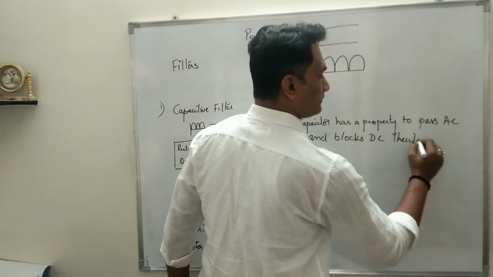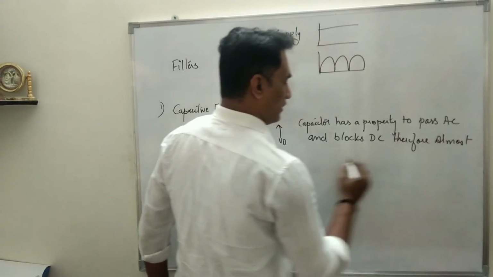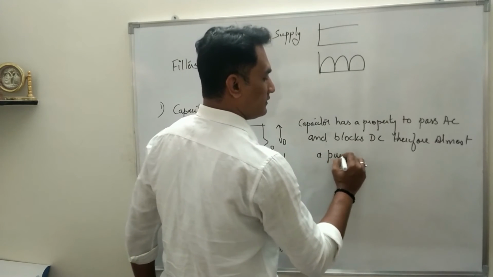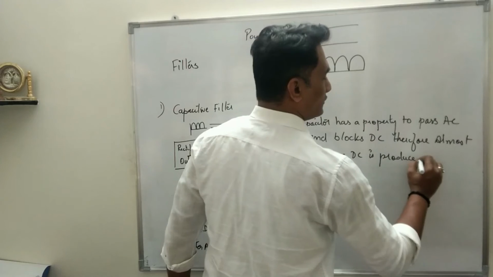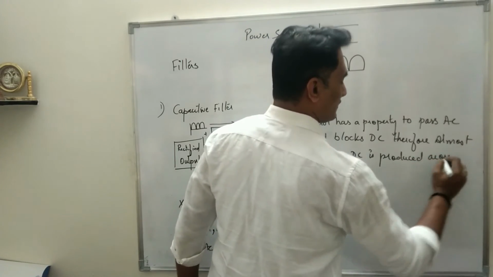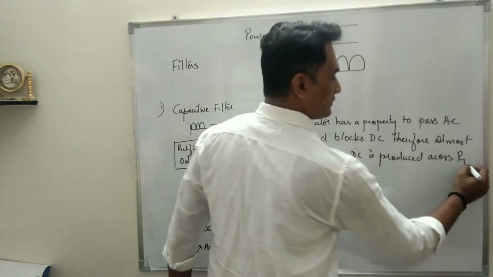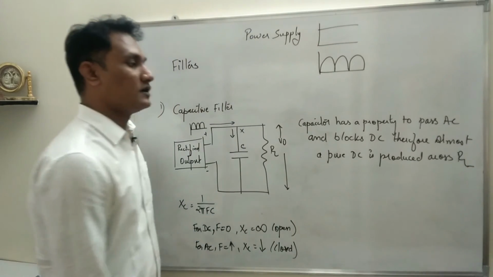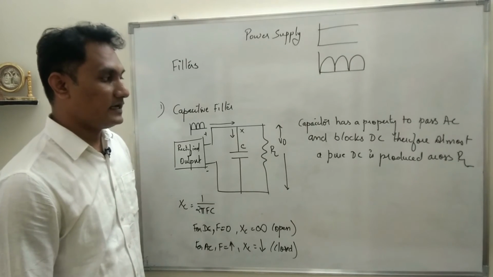Therefore, almost a pure DC is produced across RL. So the capacitor has a property to pass AC and block DC.